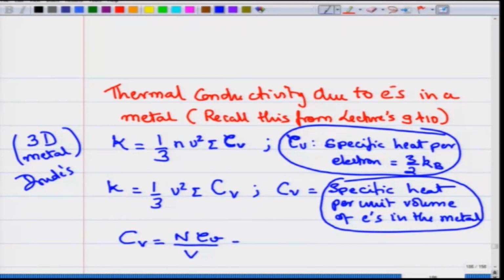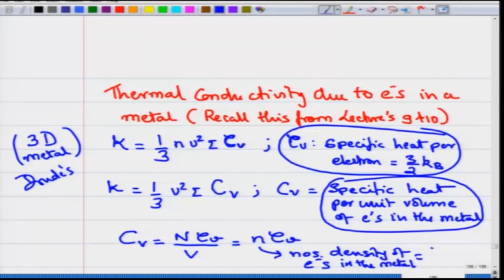But this will be nothing else but n into curly C v, where n is the number density of electrons in the metal, which is equal to total number of electrons divided by the volume, and this curly C v is the specific heat per electron.